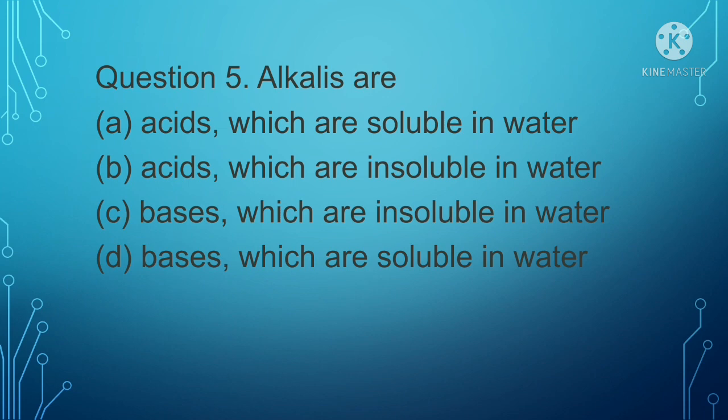Firstly, understand alkalis are not at all acids, so options A and B go off. You only have two choices. Usually, alkalis are soluble in water. For example, NaOH is an alkali because it is soluble in water. Therefore, the exact answer is option D, bases which are soluble in water are called alkalis.